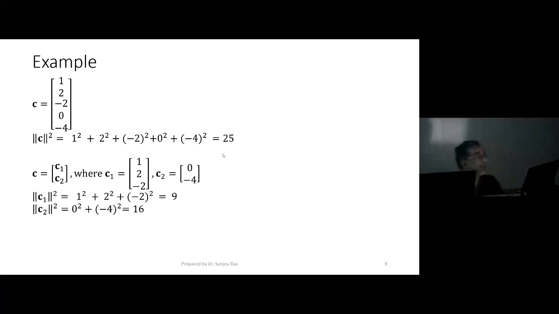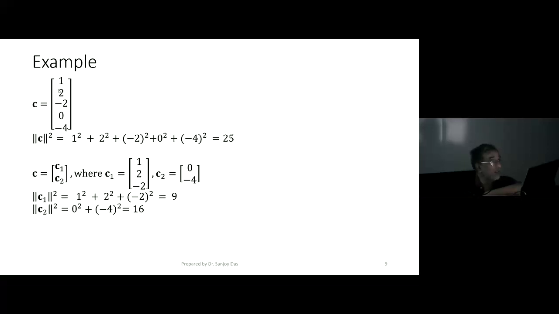Okay, here's an example. This is a vector C: 1, 2, negative 2, 0, 4, negative 4. And the L2 norm of C squared is 1 squared plus 2 squared plus negative 2 squared plus 0 squared plus 4 squared plus negative 4 squared. That gives us 25. Now let's express C as a block vector.